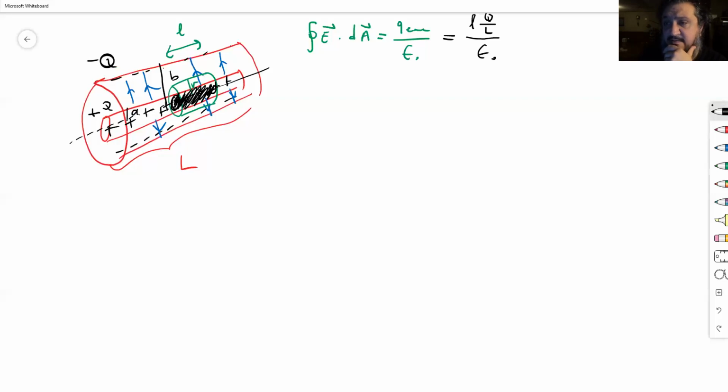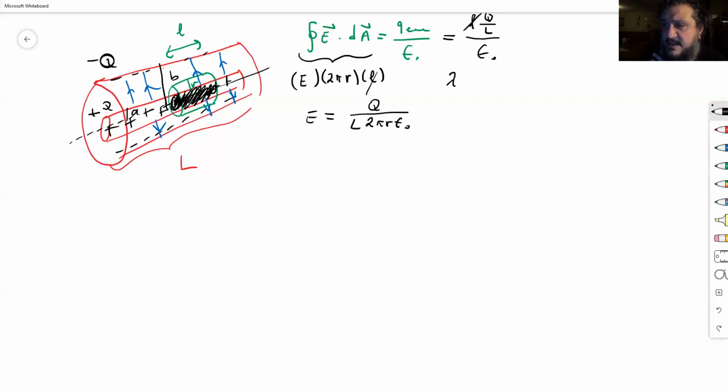Divide this by epsilon 0. And on the left-hand side, the integral will be E times 2 pi r times L. So you will get two L's like this, they will cancel, and then the electric field will be equal to Q divided by L, 2 pi r epsilon 0.